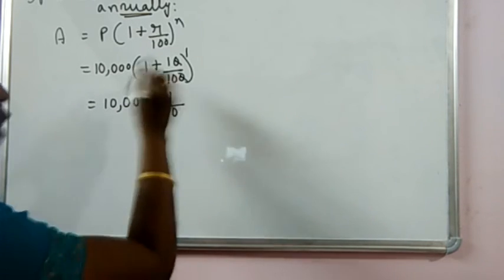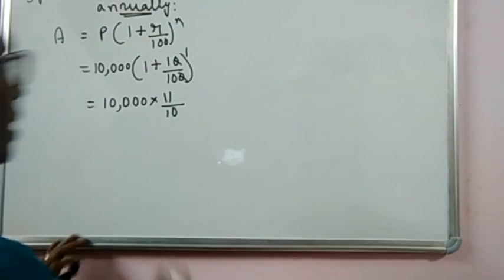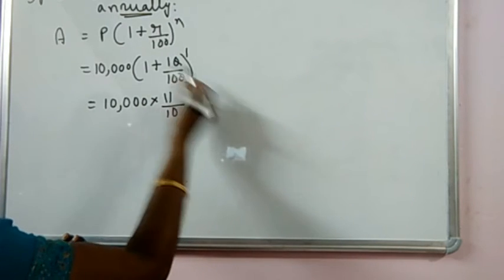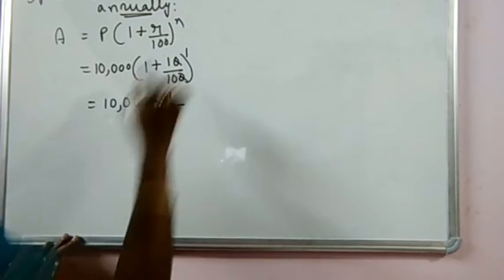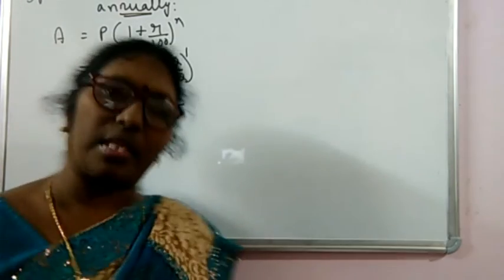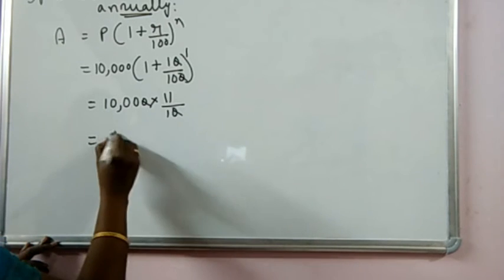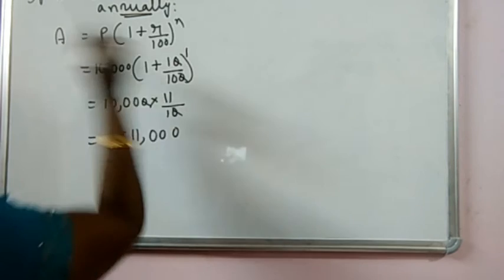You can find the LCM and do, but by now you should try to understand how to do this. I hope this is clear. Here denominator 10, so for 1 you take 10 by 10 plus 1 by 10, which is 11 by 10. 0, 0 cancelled. 11 into 1000 is 11,000 rupees is the amount.